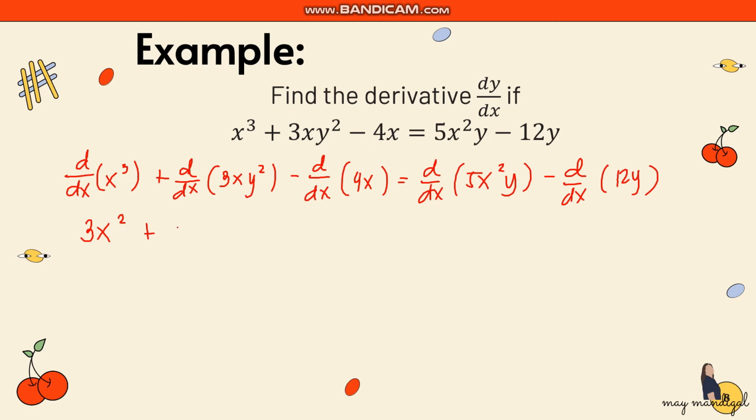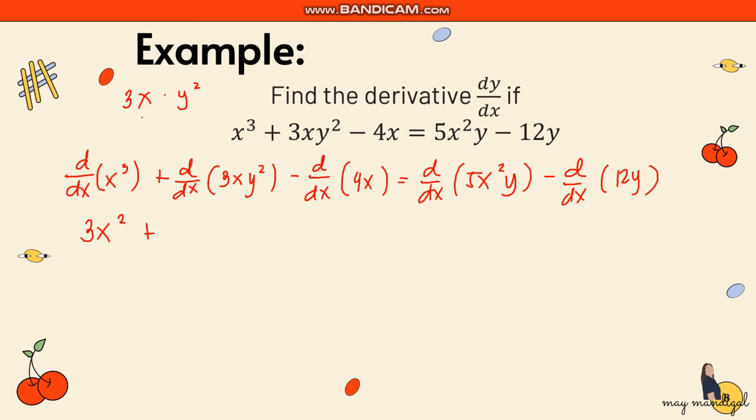You might forget some of the rules that we have to use whenever we're getting the derivatives. If you look closely at 3xy squared, this is actually 3x times y squared. I don't know if you noticed that one, but 3x is multiplied to y squared.